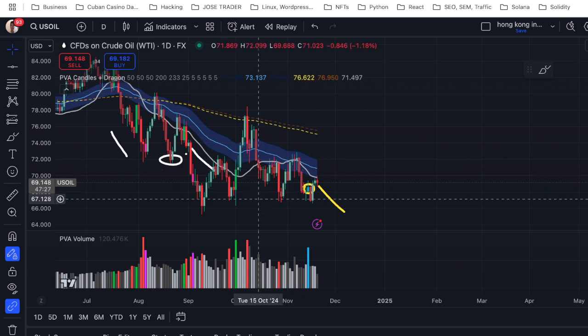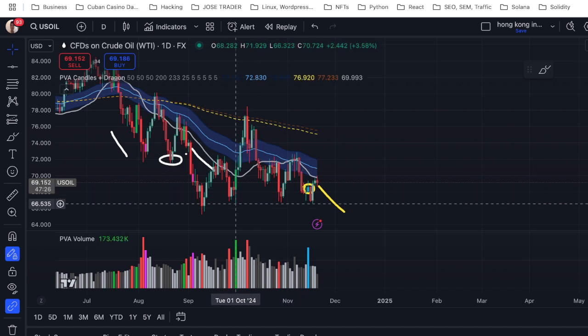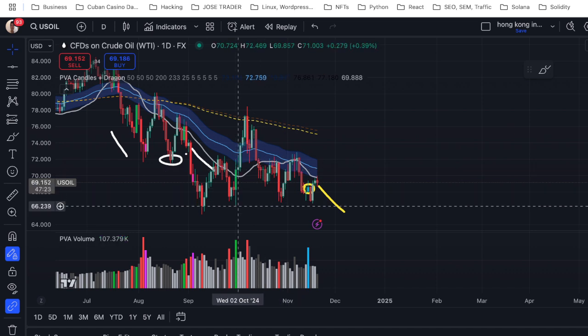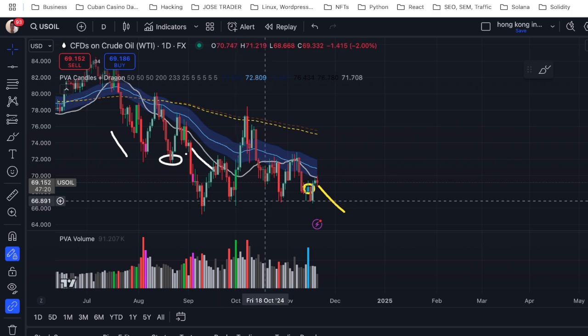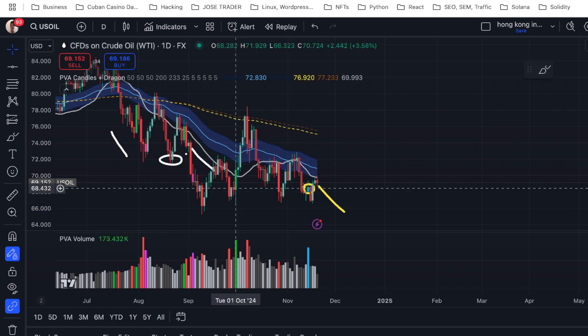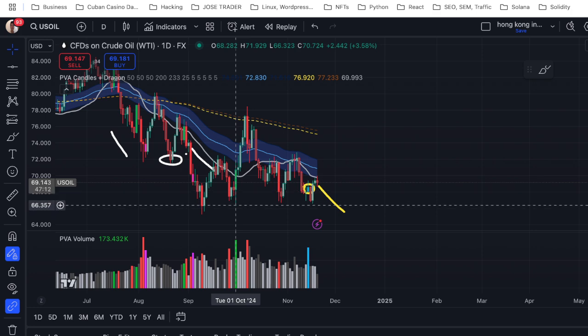For example, you can see that a strong support is taking place because you see the shadow of the volume on this green candle. The volume bar went all the way down and formed this shadow on October the 1st.